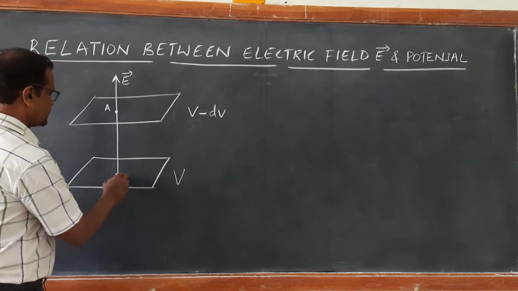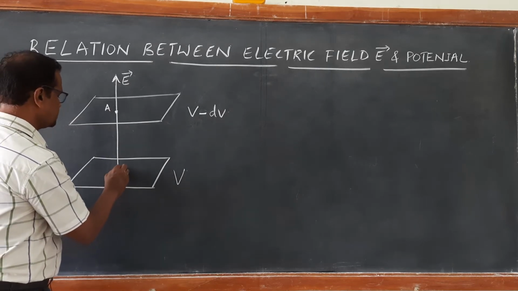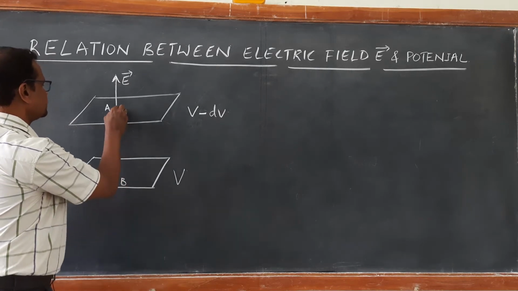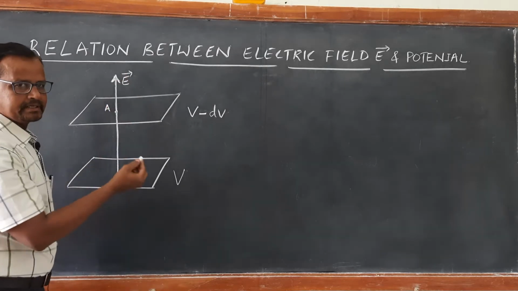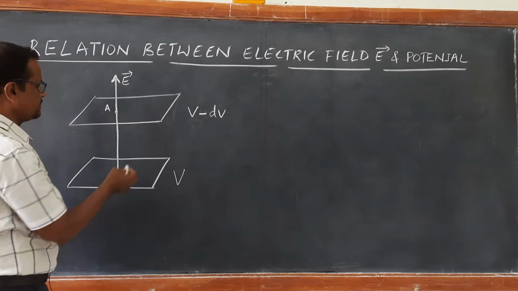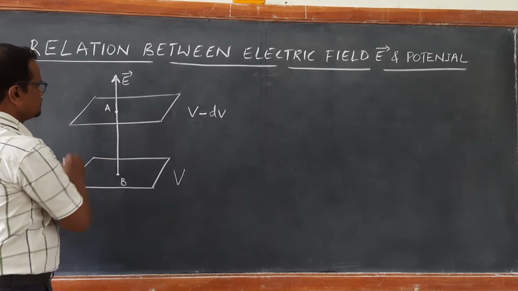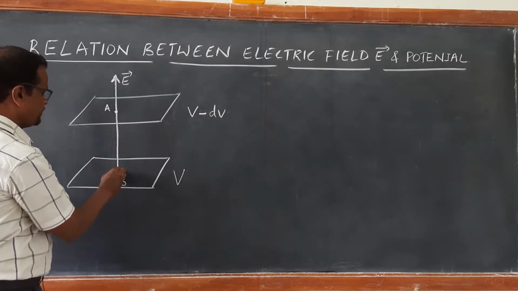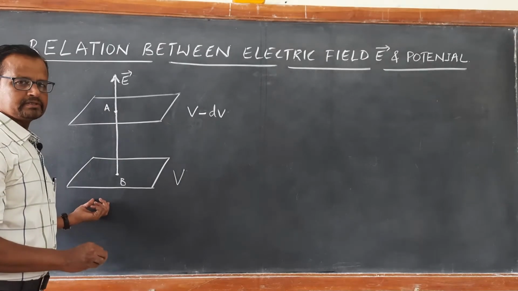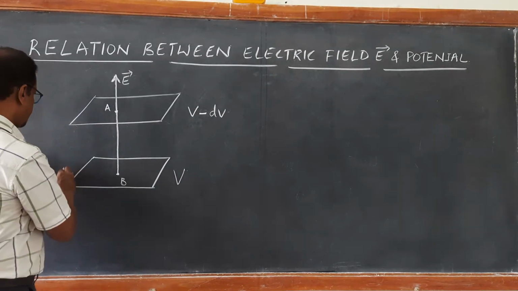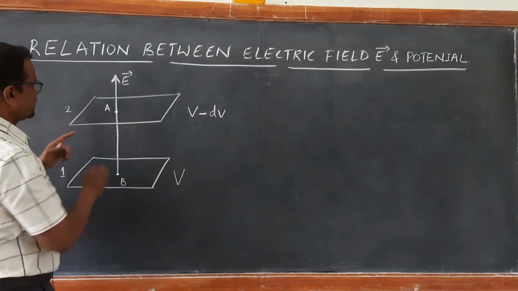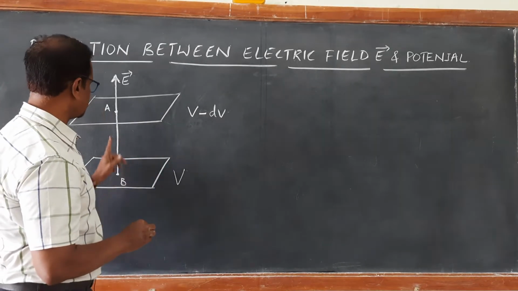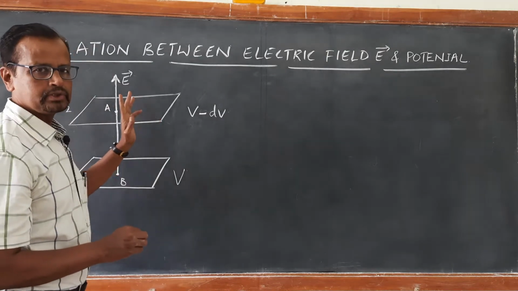Now, the electric field will always be perpendicular. If you draw the electric field, it is perpendicular to both the planes. I have taken rectangular planes. Now, let us consider point B on the first equipotential surface, and point A on the second equipotential surface, through which the electric field direction is shown.